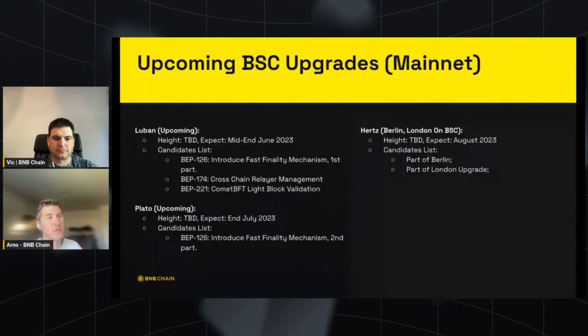This Luban update is going to introduce the first version of the fast finality. On top of that, we're going to update our cross-chain layer manager and the Comet BFT Lite block validation. This last one is really important for the connection with Greenfield to ensure good fee and transaction fee management. So that's one of the main updates upcoming for the next months. After that, we're going to release the Plateau update for the mainnet, expected for mid or end of July, which is the second part of the fast finality.